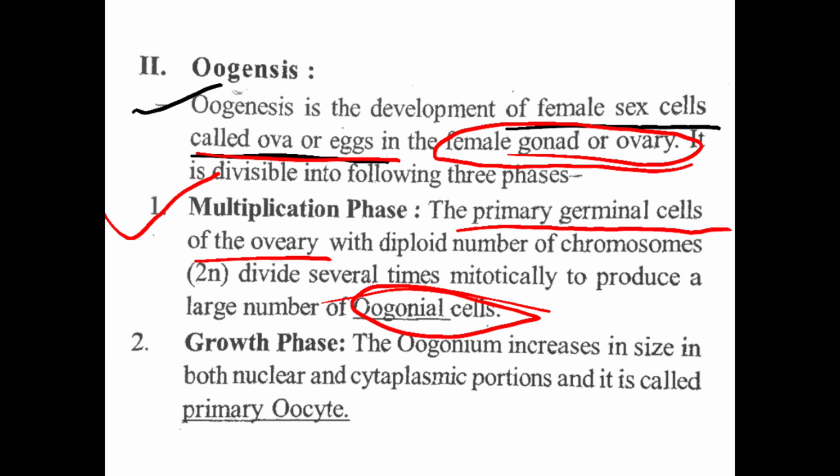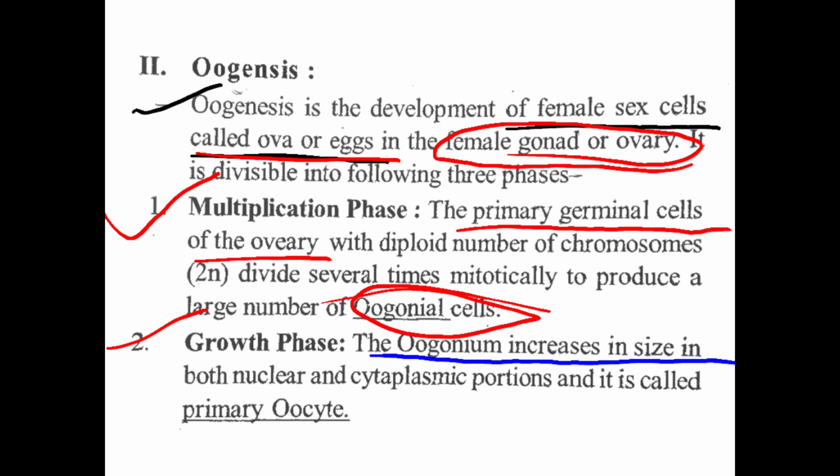So what is the growth phase? What is formed in this phase? Let's see. In the growth phase, the oogonium increases in size. How does it increase in size? In the growth phase, it gets nutrients from other cells and increases its size.